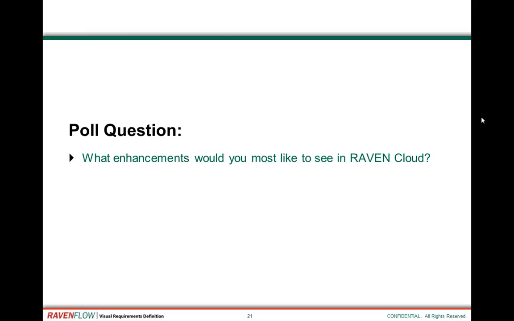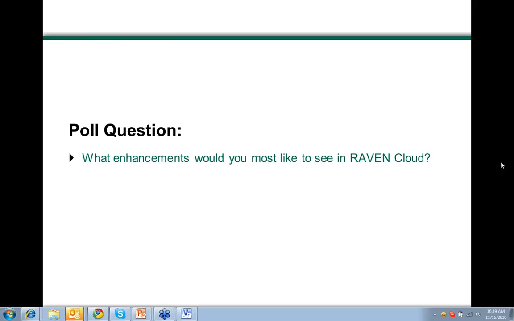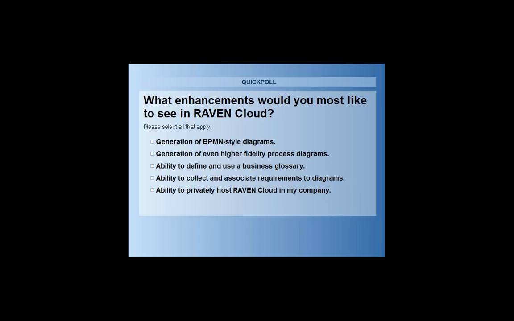So that's totally up to you. Okay, final survey question here, if you can just indulge me for one more minute. If I launch this survey of the capabilities that I just highlighted, what enhancements would you most like to see? This is a multiple choice question, so please give me a sign in terms of what you would like to see. I'd like to see those BPMN style diagrams.